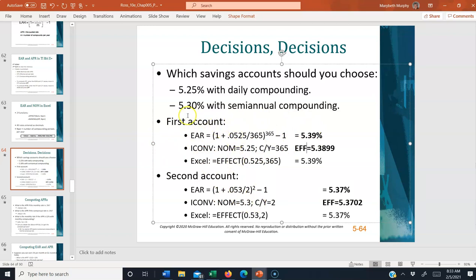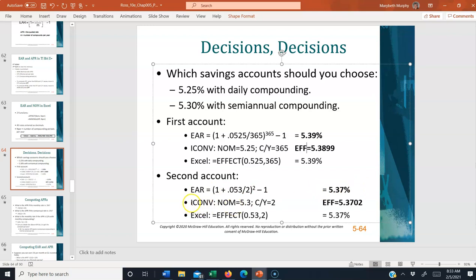And when we change the interest rate, we have to change the number of periods because this one is semi-annual compounding. So that's 2 periods per year. So it's 1 plus 0.053 divided by 2, to the second power, minus 1, which is 5.37. That's using the formula.